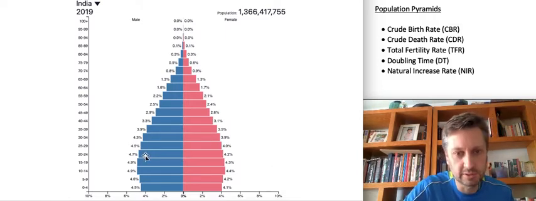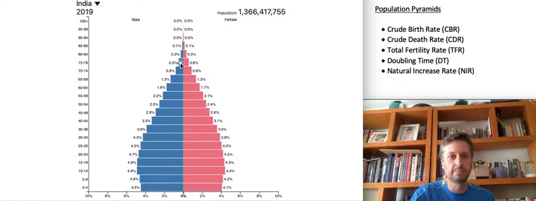Okay, what else can we say? The sides here slope less steeply, so that suggests better healthcare provision, better access to medicine.